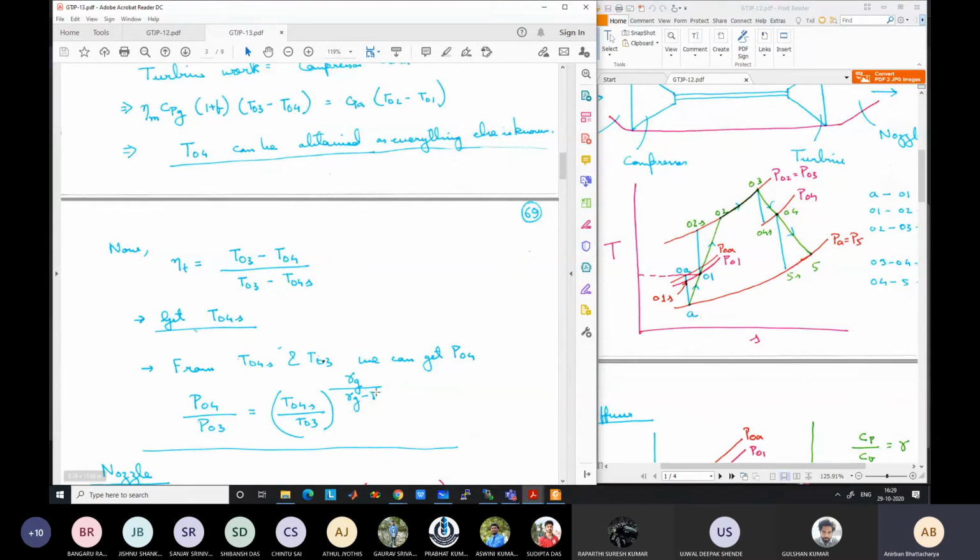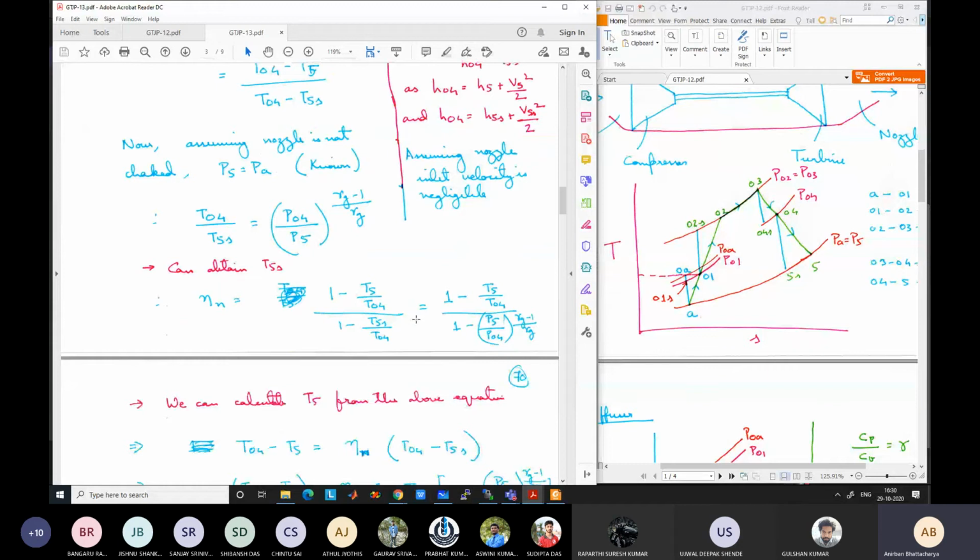Here you have to use gamma g, the ratio of specific heats for the gas, which we had taken as something like 1.333 instead of 1.4. Everything else is known, so you will find P04. So the outlet conditions of the turbine, P04 and T04, are known from this calculation.